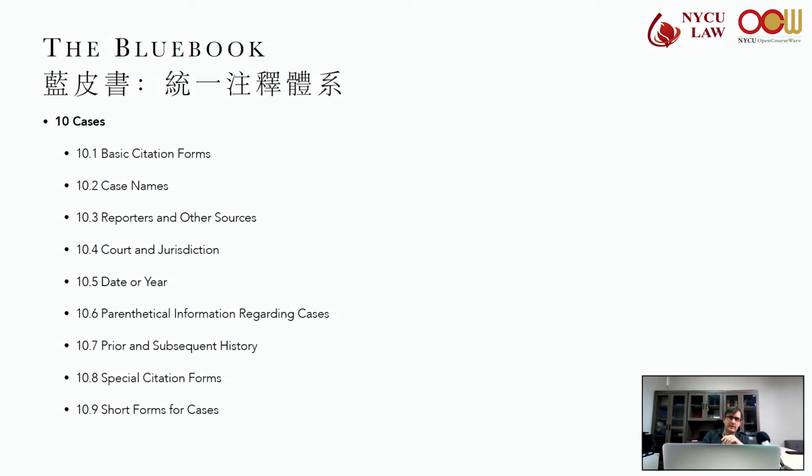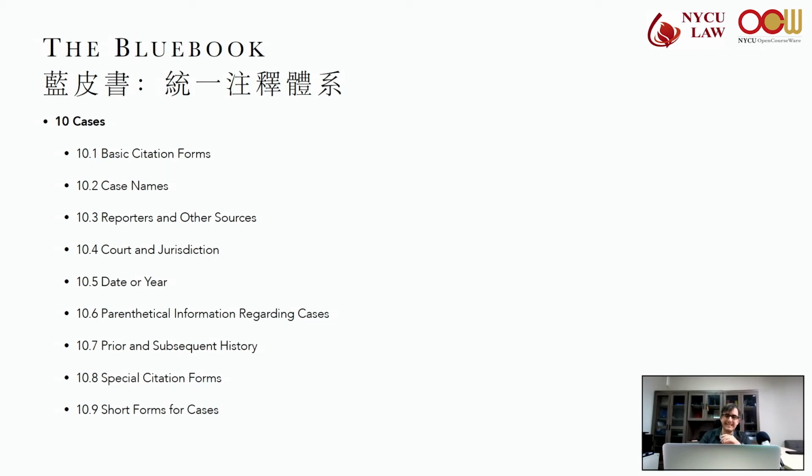And then special citation forms. This is Rule 10.8. So you might have pending and unreported cases. In this situation, the case might be unreported but available on an electronic database like Westlaw.